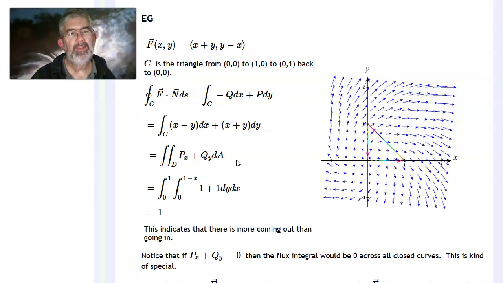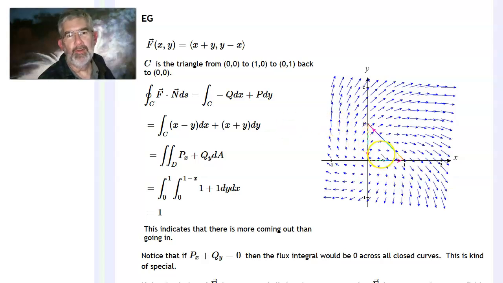This is like the line integrals we had before, right? If we had the line integral along the curve, F dotted with T ds, and that was always 0, then this was a conservative field, right? And there was a potential function. Now, if this flux integral is always 0 along a closed curve, then we call this a source-free field.